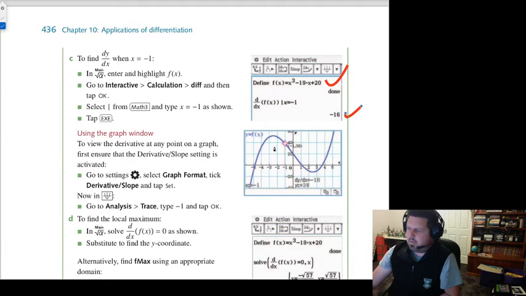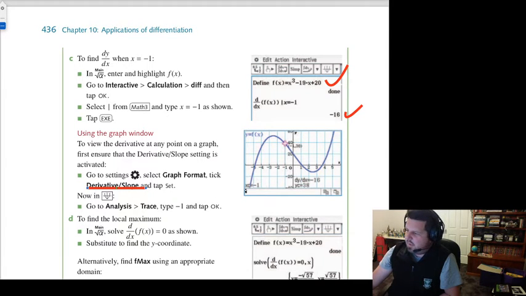I don't use this one as often, but again, you can do it using the graphic or the graphing section. So if you have the function sketched, you can go into the little settings menu, and you can go graph format, and you can actually select the derivative and slope, and you can put set on that.